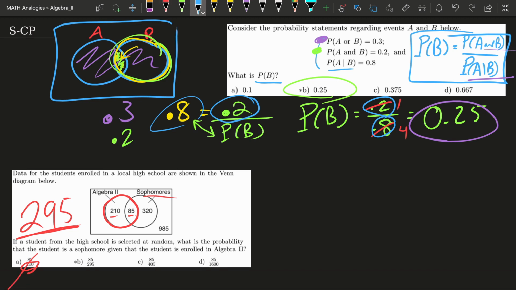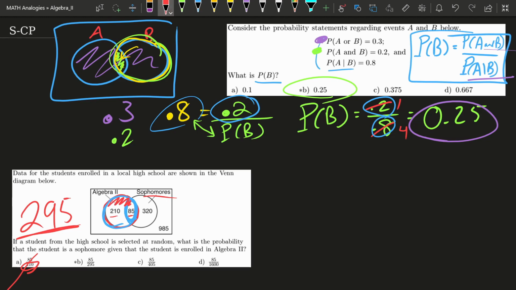Now, considering these 295 Algebra 2, 85 are sophomores. So, if a student from the high school is selected at random, what's the probability of the student being a sophomore given that we were already stuck in Algebra 2?